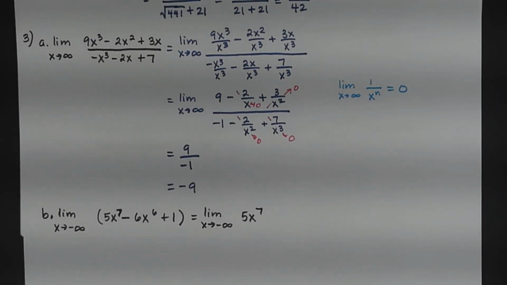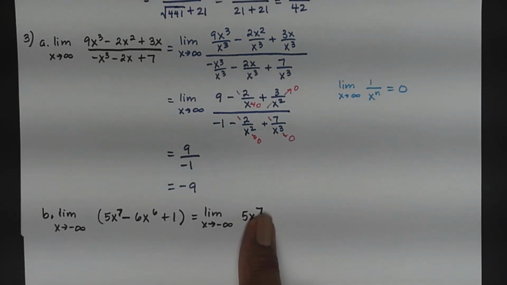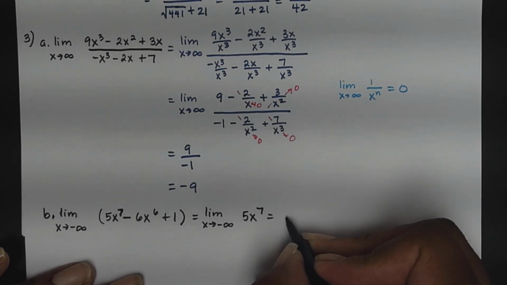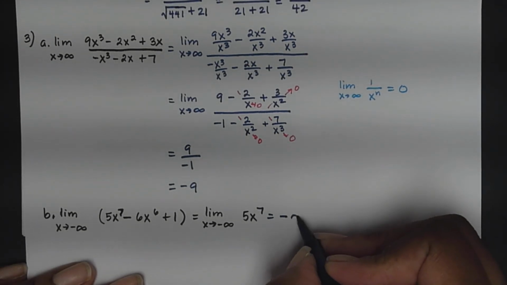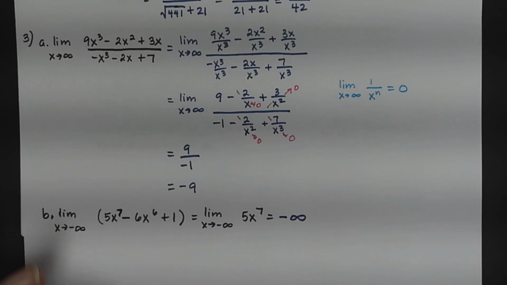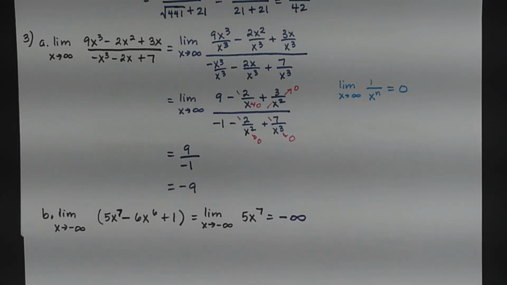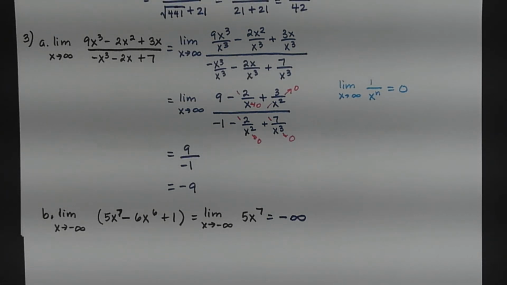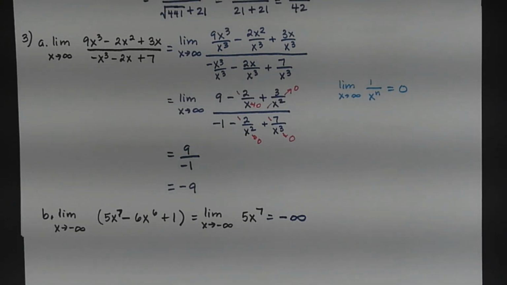In this case, we're going to negative infinity, so this variable to an odd power would end up being negative. It's not going to a finite number, it's getting smaller and smaller, so it has to be negative infinity. For the limit as x approaches negative infinity of 5x to the 7th minus 6x to the 6th plus 1, negative infinity. Okay?